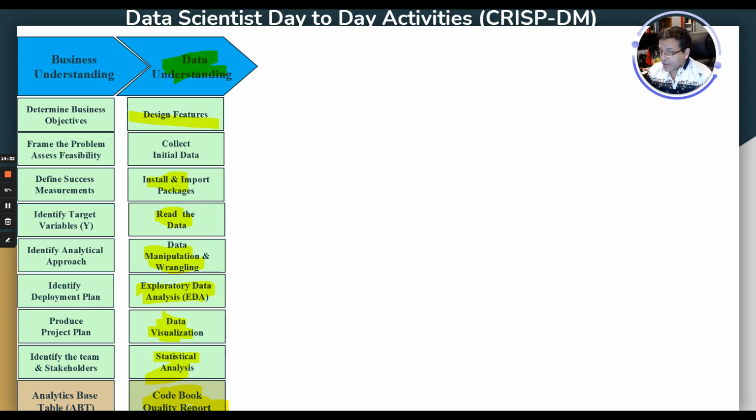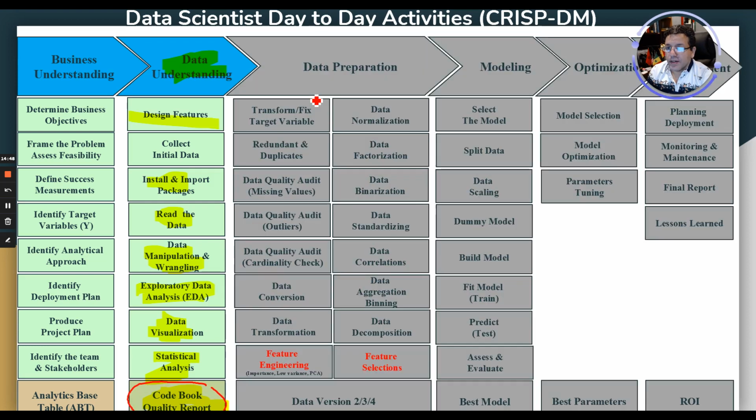What is the usage of the code book quality report? Very good question. The quality book or report is what you are going to need to use for data preparation. In data preparation, you need to know what you want to fix.